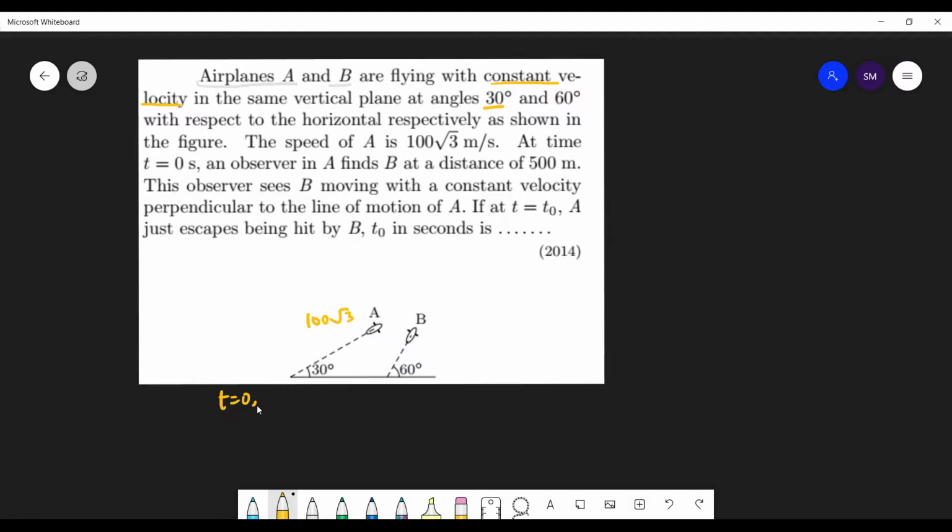And this observer in A sees B moving with a constant velocity perpendicular to the line of the motion of A.